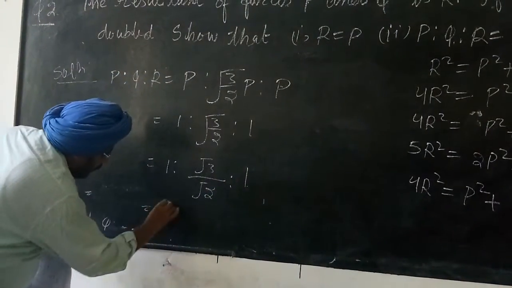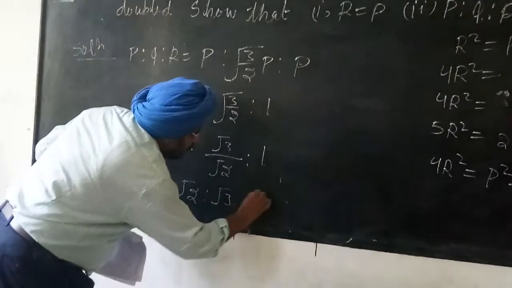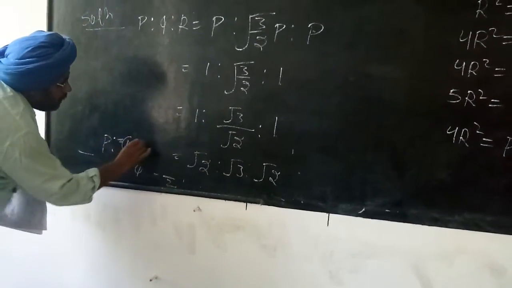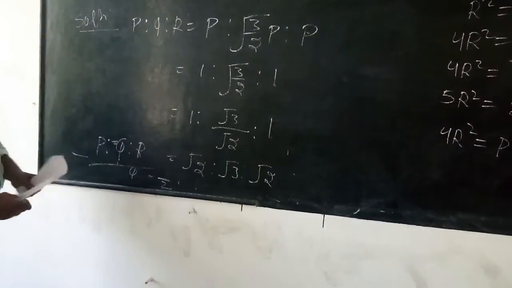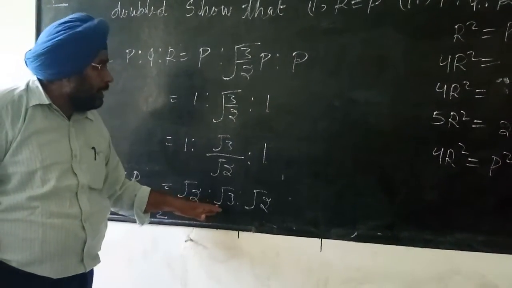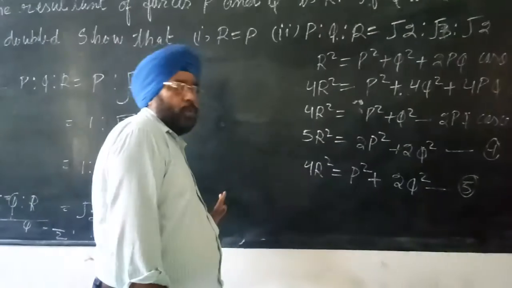So this is equal to root 2 ratio root 3 ratio root 2. So the ratio P is to Q is to R is root 2 ratio root 3 ratio root 2. So our second part is also done. Thank you.